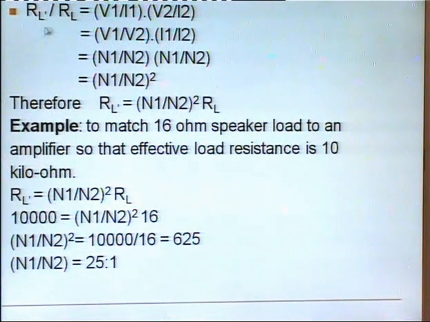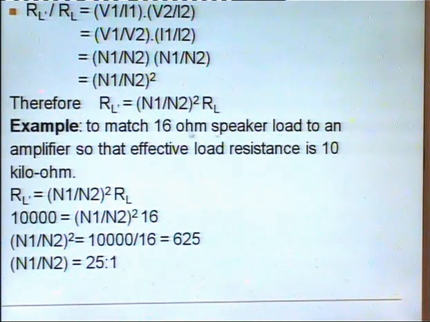As we all know, V is equal to I into R and R is equal to V by I. As these two resistances are from different points, one from secondary and one from primary, the voltage or current will also differ: RL dash will be V1 by I1, RL will be V2 by I2. Now, rewriting this as V1 by V2 into I2 by I1, we know this can be replaced by the turns ratio N1 by N2 into N1 by N2. So, RL dash by RL is equal to (N1 by N2) square.